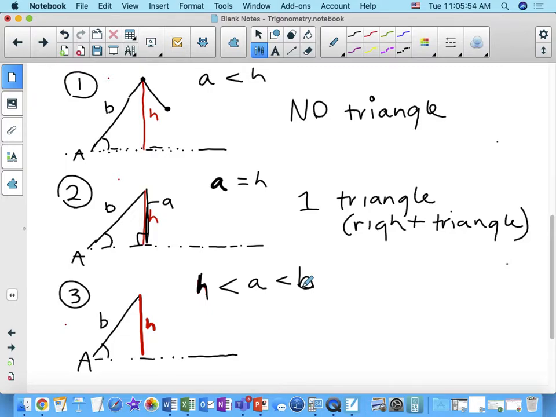So it's not anything, but it's a fixed value between the height and this side over here. Yeah. You can get 2, exactly. So you could get 1 on this side. But if I reflect this line over this height line, then I also get 1 on this side. I get 2 triangles.